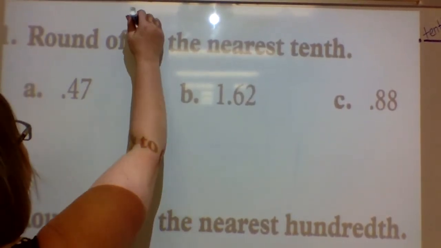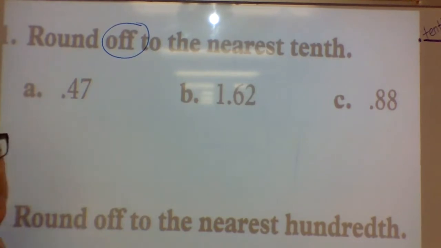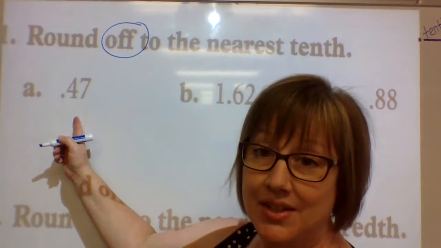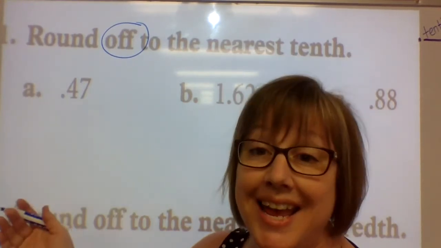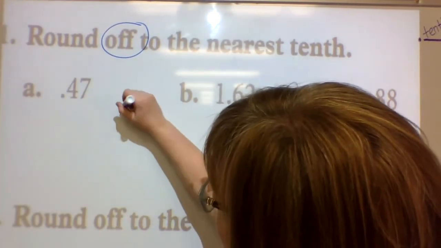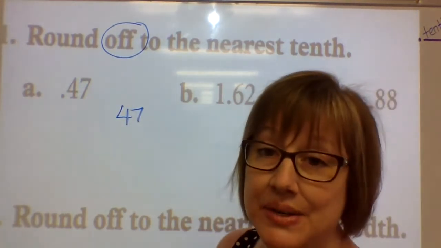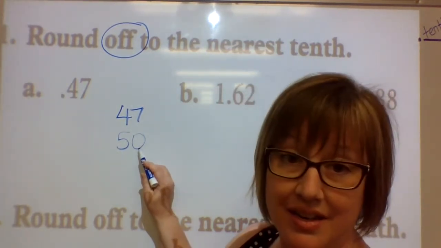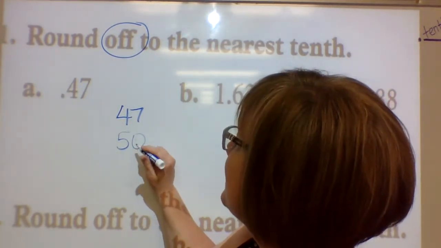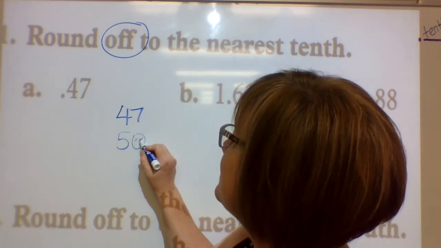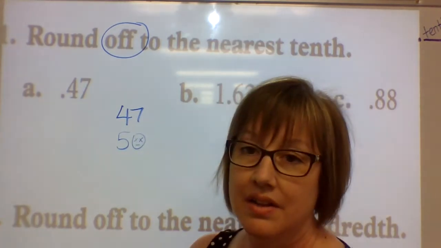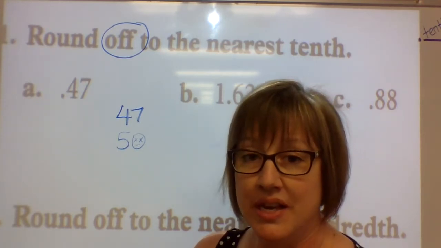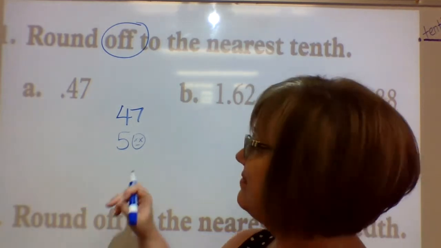Okay, but when you round decimals, you actually round it off. I've told you before, if we were going to round this to the nearest 10, let's pretend it's not a decimal. Let's pretend it's just a whole number, 47. If we were going to round that to the nearest 10, it would be 50. Right? And then you have the dead person here, like in the younger video games where there's no blood and the person just gets X's on his eyes.